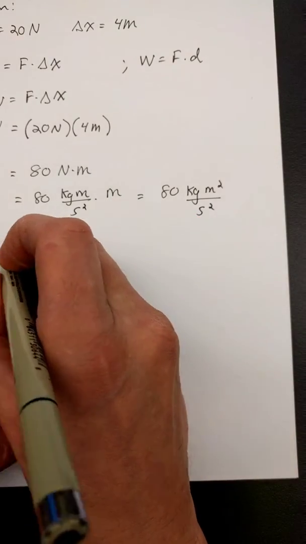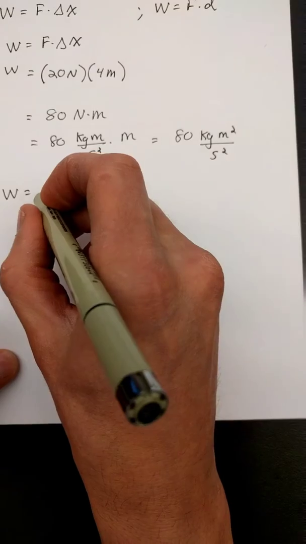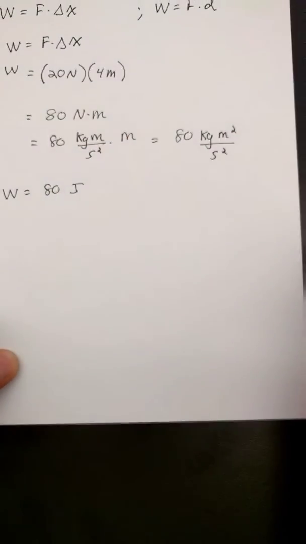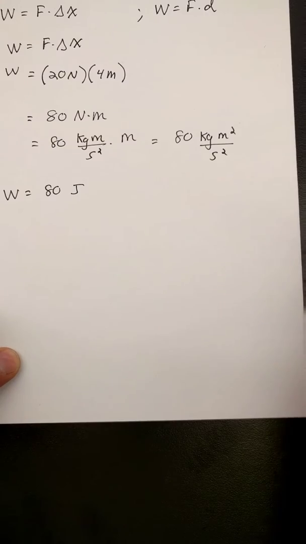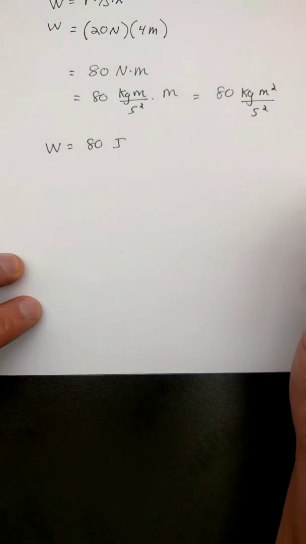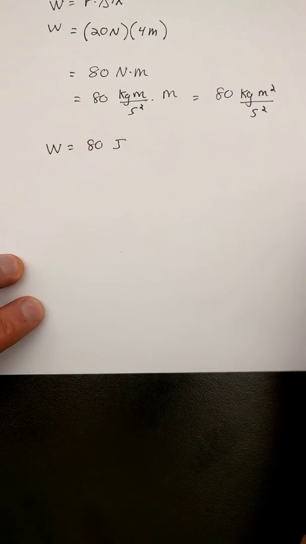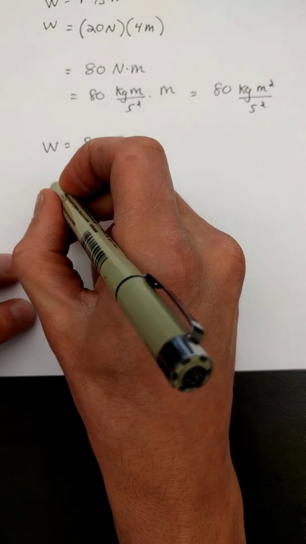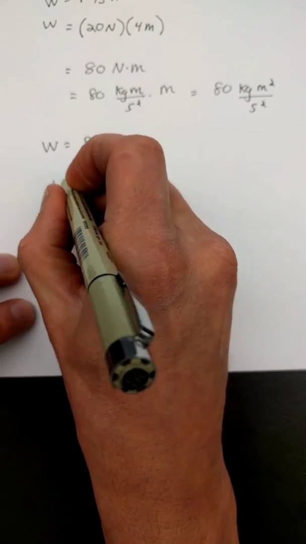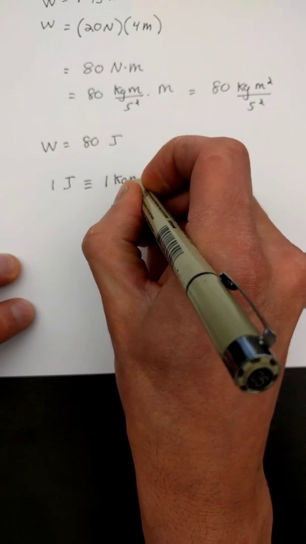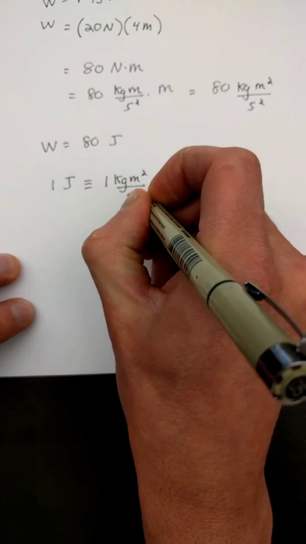So the answer is 80 joules. Remember that the definition of the unit, energy and work, are both measured, among other units, in joules. We're going to use joules here. Remember the definition, 1 joule is defined to be 1 kilogram meter squared per second squared.